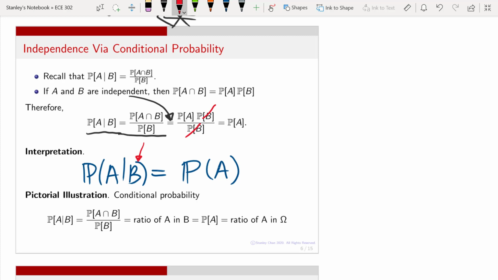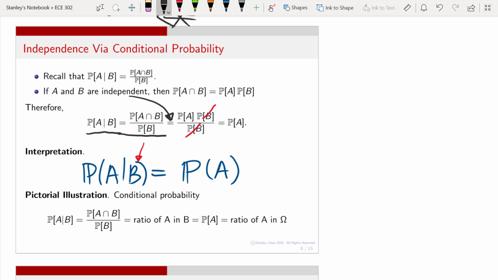Now we have to be very clear that independence is talking about the probability, not the bare influence between two events. Certainly event B will have influence on A or vice versa. However, if the two events are independent, the probability of A given B is unchanged. It will be the same as the probability of getting an A.